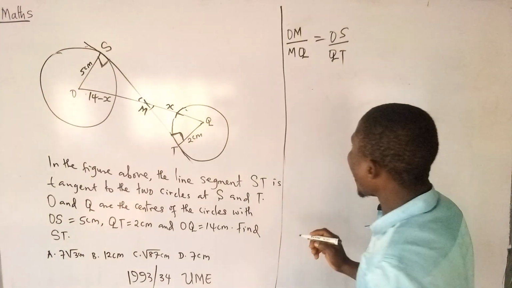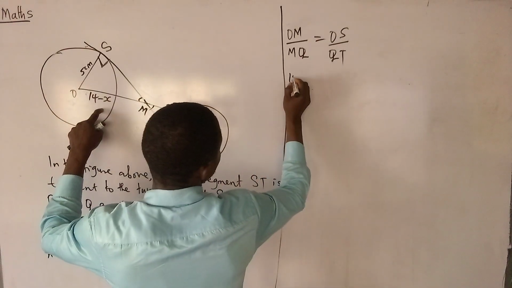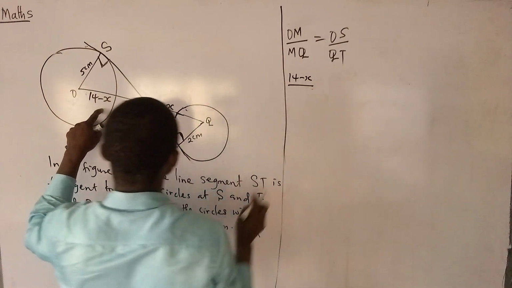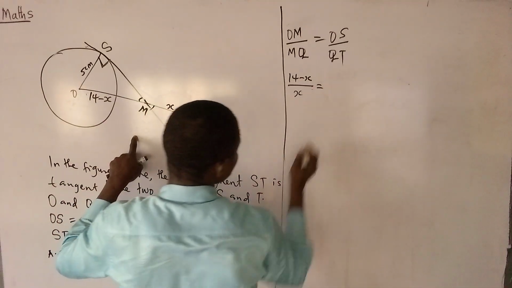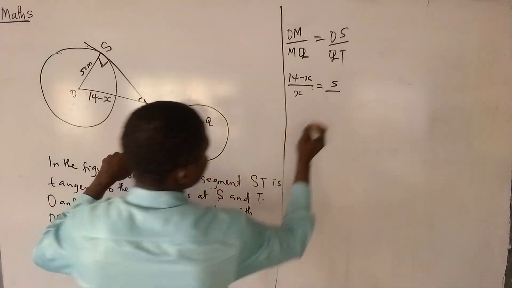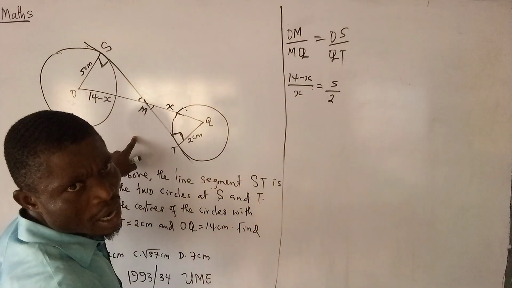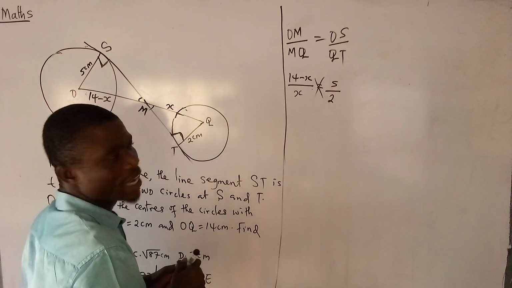OM is 14 minus X, MQ is X, OS is 5, and QT is 2. I want to get X first, so I cross multiply.